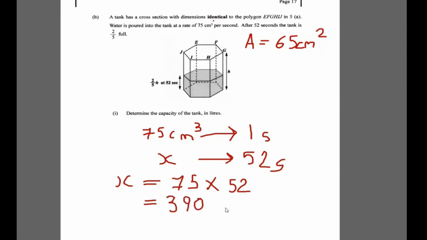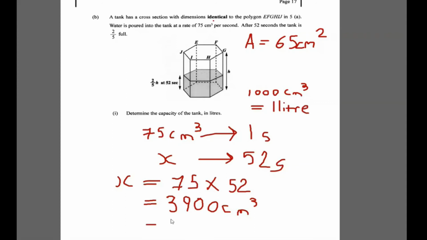Now, since this is 3,900 cm³, you divide it by 1,000 to find how many liters it is. You have to remember this: 1,000 cm³ is equal to 1 liter. Don't ever forget it. Store it in your permanent memory.